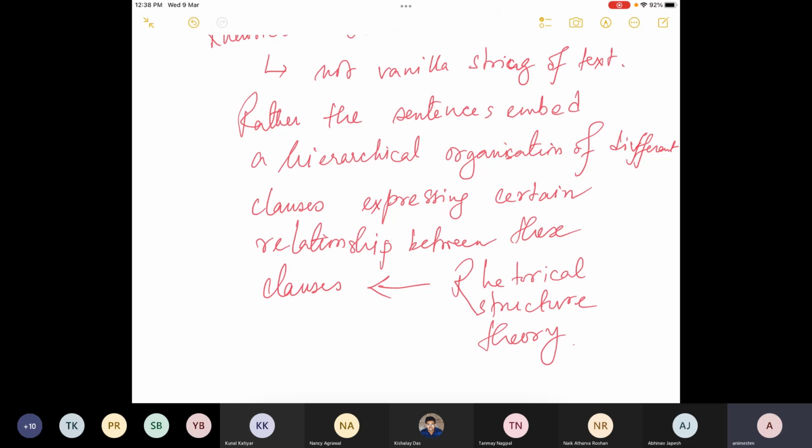An example of such a rhetorical structure is what the authors have cited in the paper.